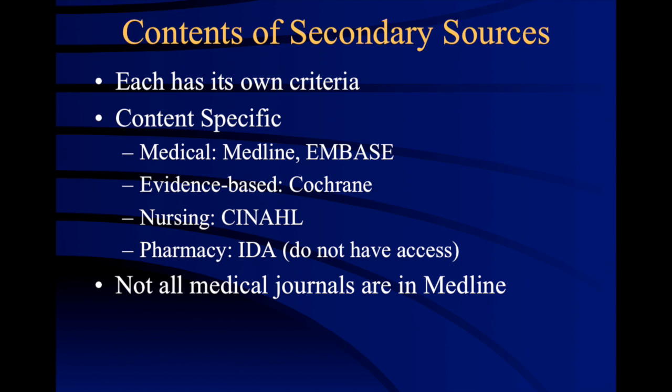And for pharmacy, you can use the Iowa Drug Information Service, which the library does not have access to. And then you need to keep in mind that all medical journals are not available in Medline. Medline has its own criteria for acceptance of medical journal articles.